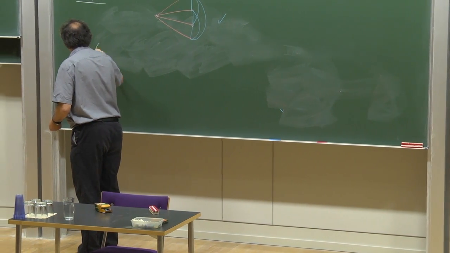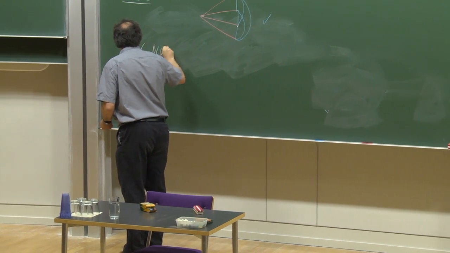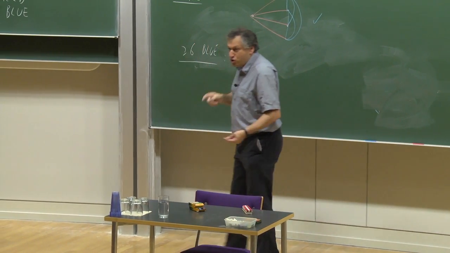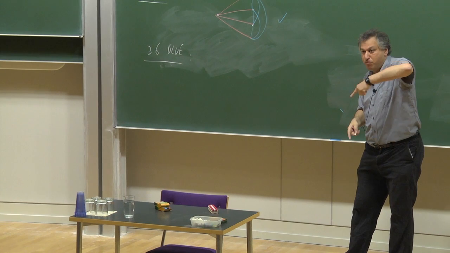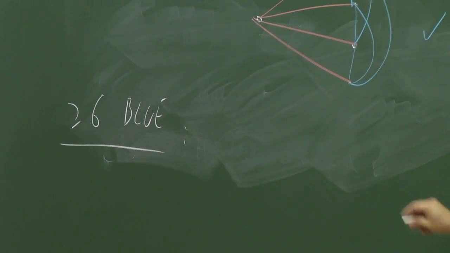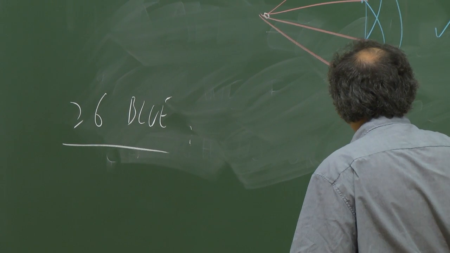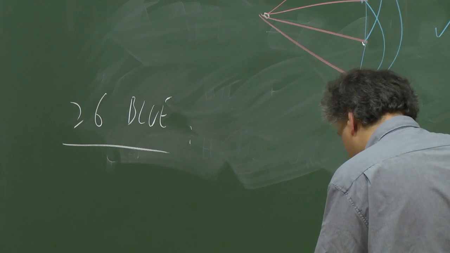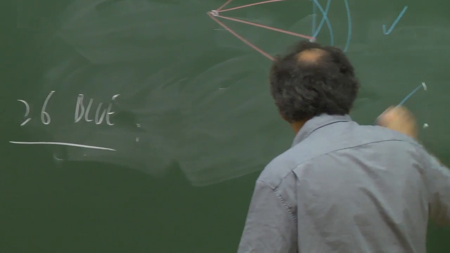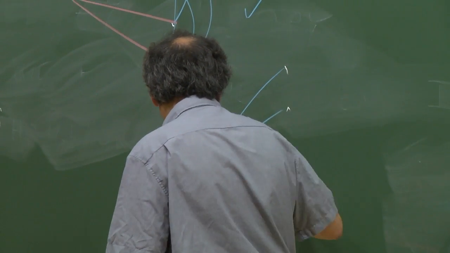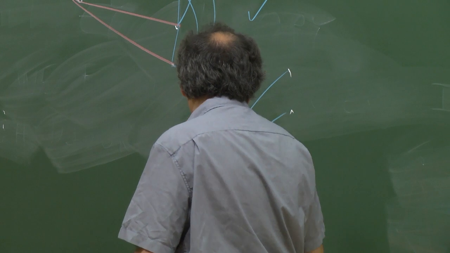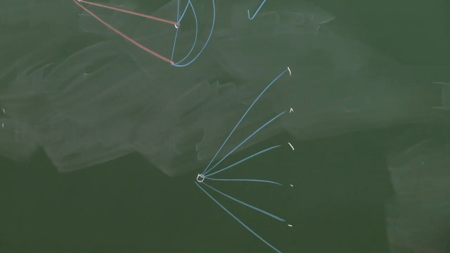At least 6 blue. So again, I'll focus just on the point and its 6 blues. I'll ignore the other points. So we've got a point here. 1, 2, 3, 4, 5, 6. Okay, off we go.